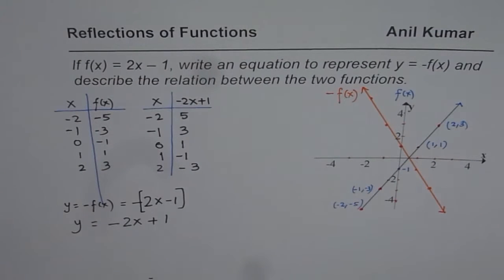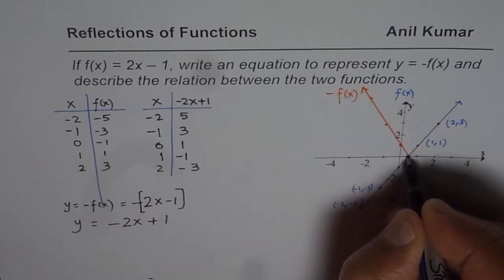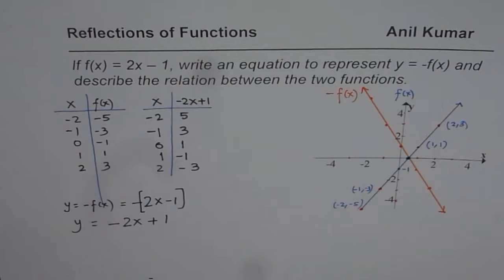Now we can compare the characteristics. One thing which you observe very clearly is that they have one point in common, and the point in common is the x-intercept, right? So x-intercept is the point which is common to both of them.